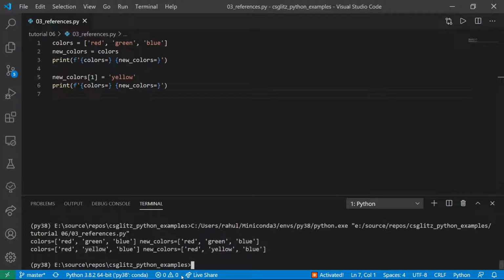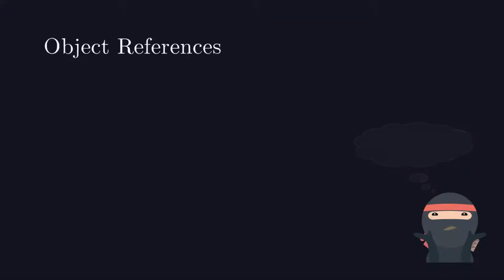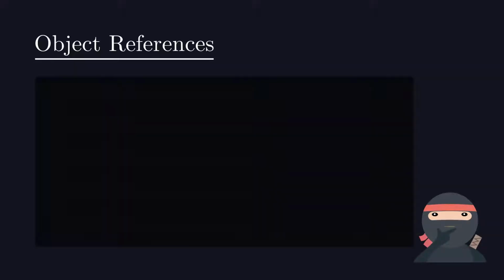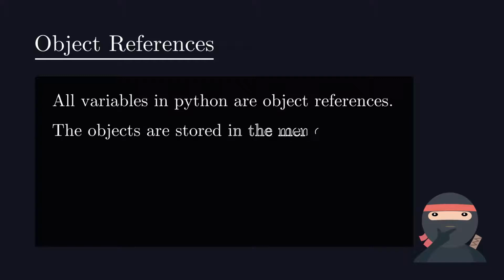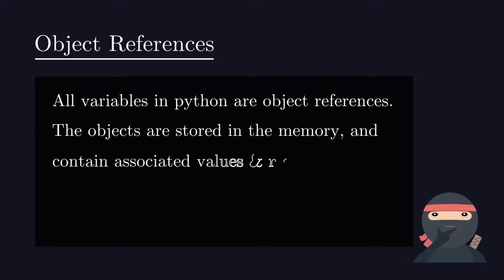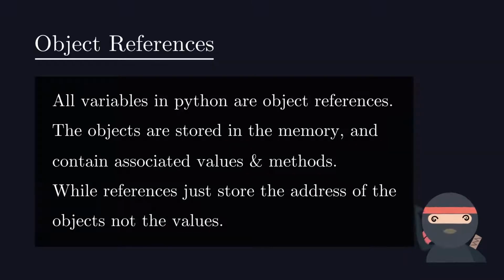This is happening because both variables are object references. All variables in Python are object references. The objects are stored in the memory and contain associated values and methods, while references just store the addresses of the object, not the values.